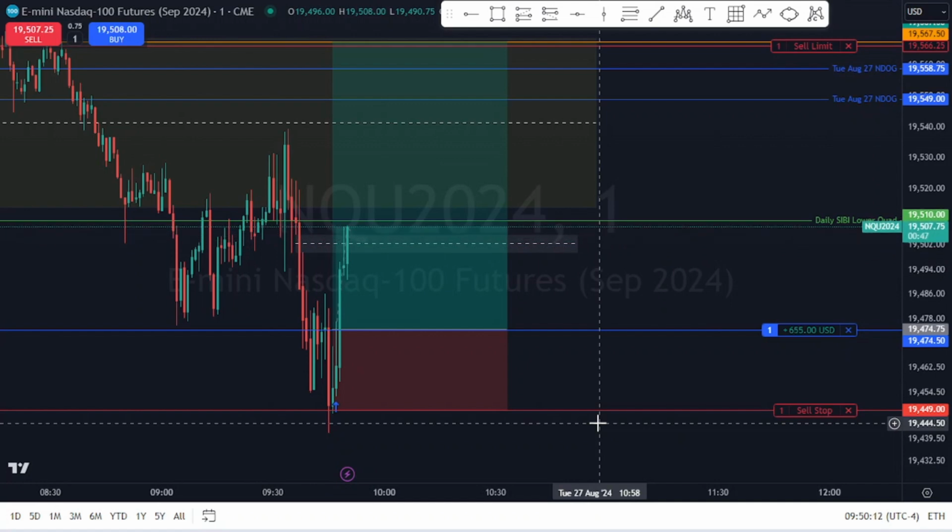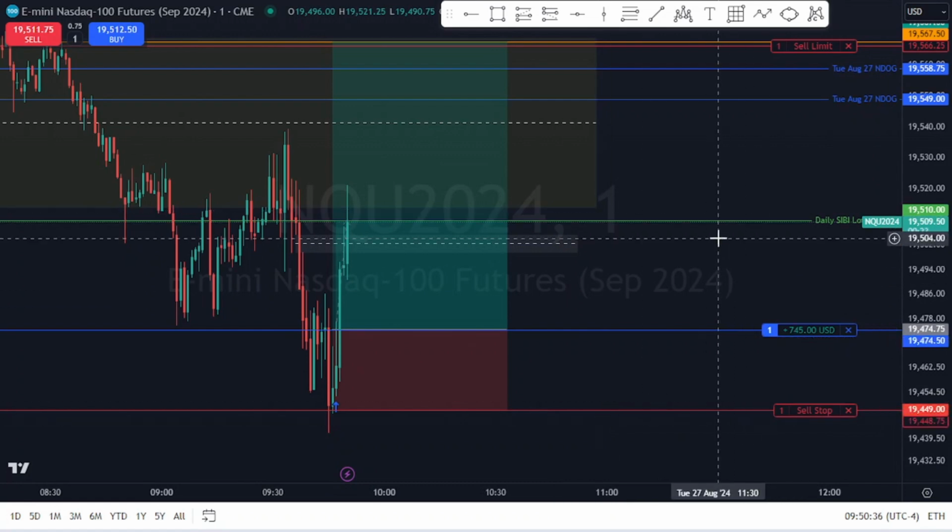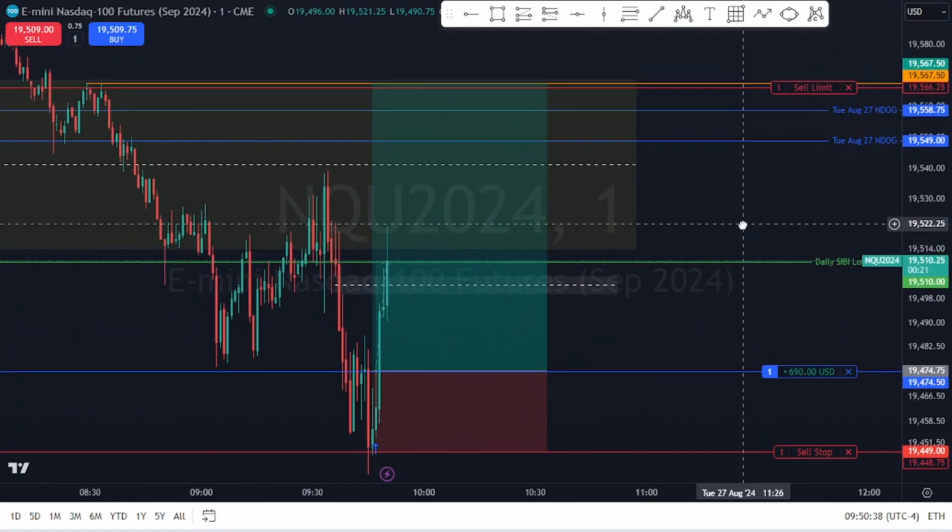I trade fair value gaps, I just trade them a different way. I used to enter right the moment they touch it, but now I wait for a down close candle, or two, to trade into it, and the moment it crosses over the opening price of those candles, then I would enter. But this, the order block that takes liquidity and reverses, that changes the state of delivery, that's just it for me lately.